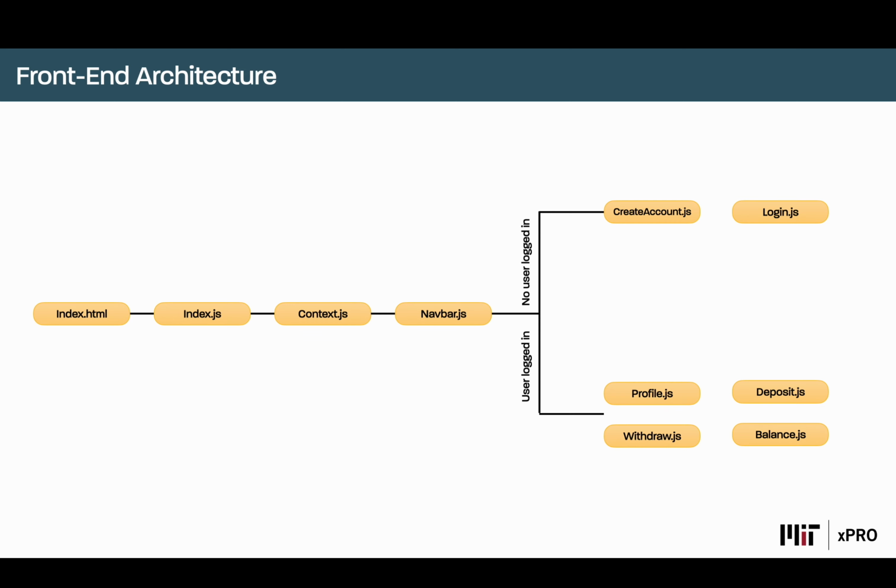I'm just going to call it once and hold that information in my context. That way I don't have to call the backend every single time I want things. So it's a very important part.